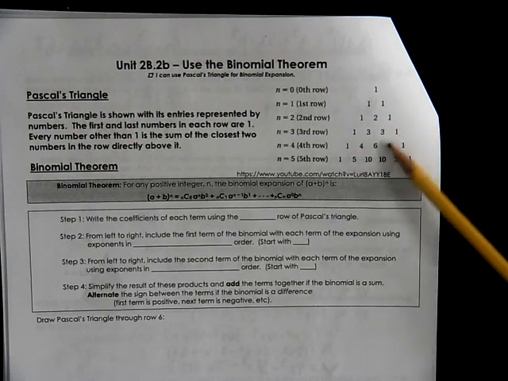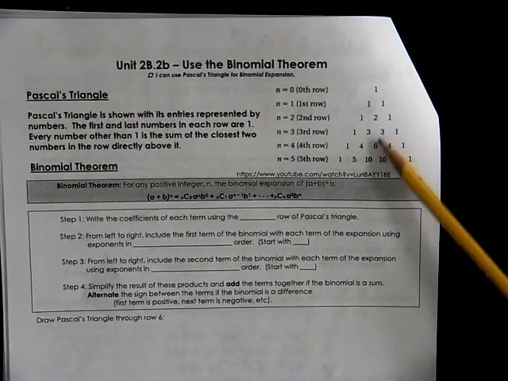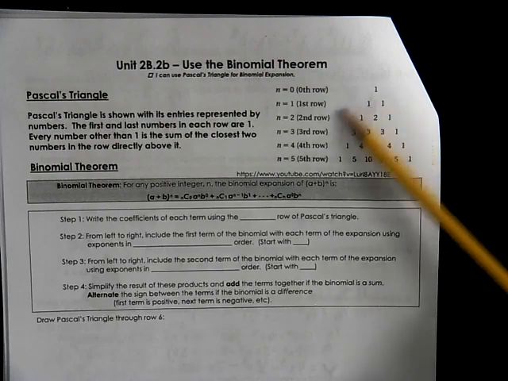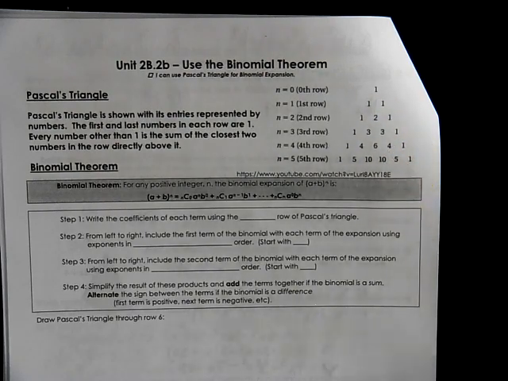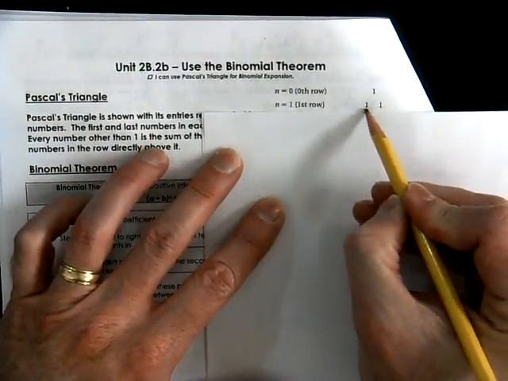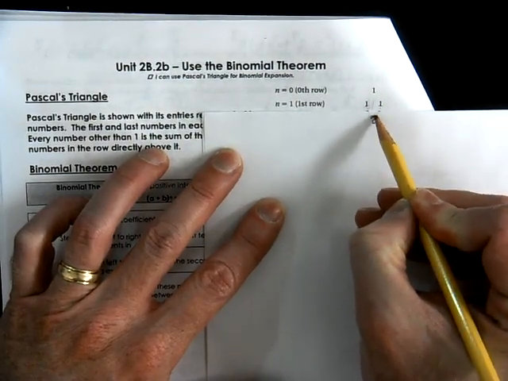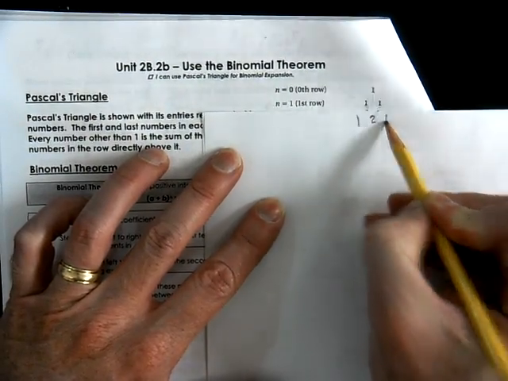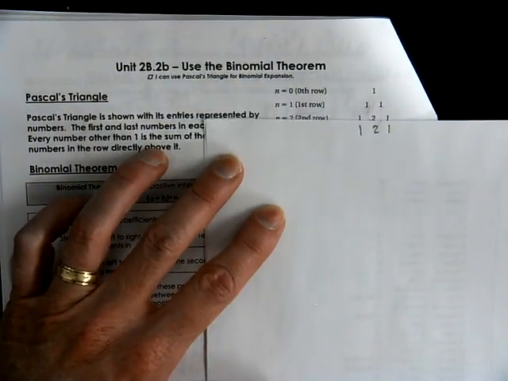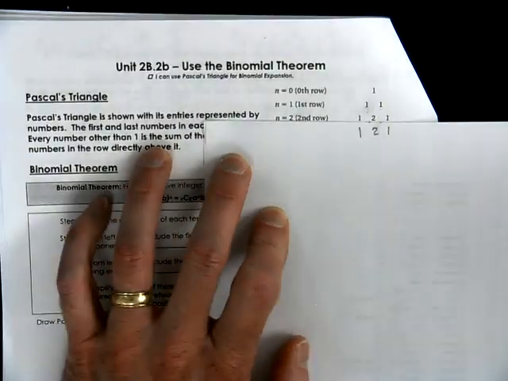So all these numbers and infinitely more rows create Pascal's triangle. There's a lot of patterns that go on with Pascal's triangle. But what we want to recognize is that if you add the two numbers above it and end with ones, you can create what the next row is going to be.